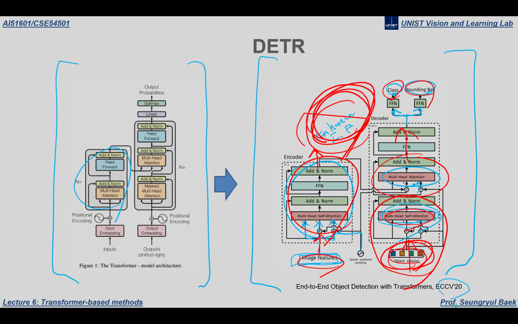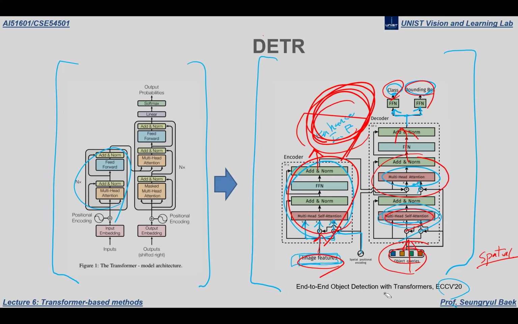But because these object queries do not have semantic meaning, computer vision researchers have found that DETR training becomes very slow and sometimes does not converge well. So explicitly giving some spatial information to the object queries can accelerate the training of DETR.